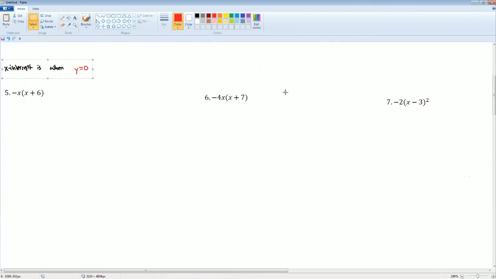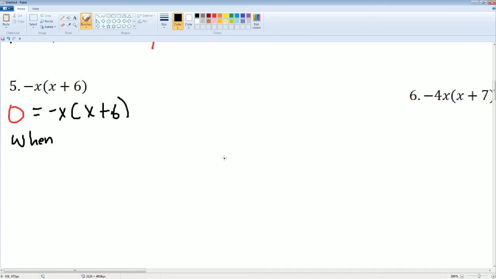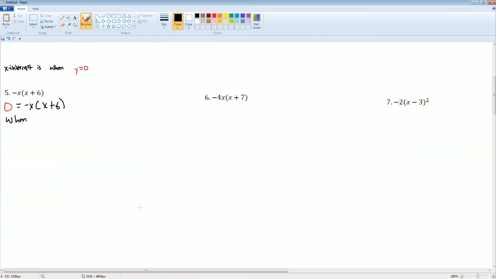I didn't copy it down correctly, but it should be 0 is equal to negative x, x plus 6. So this is when negative x is equal to 0. So again, divide by negative 1, divide by negative 1, x is equal to 0.